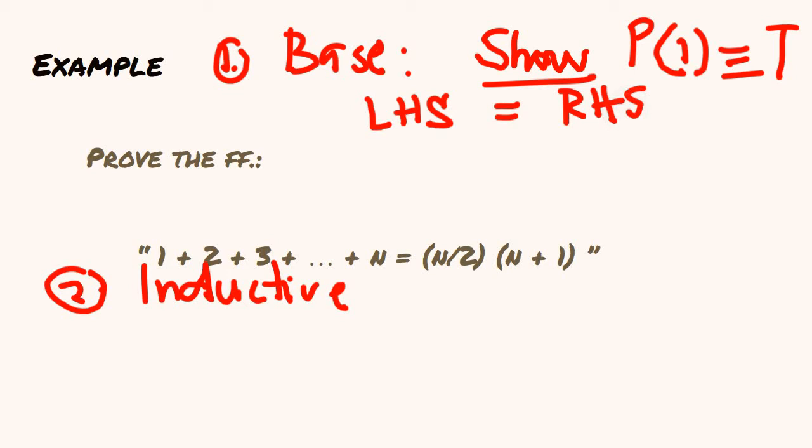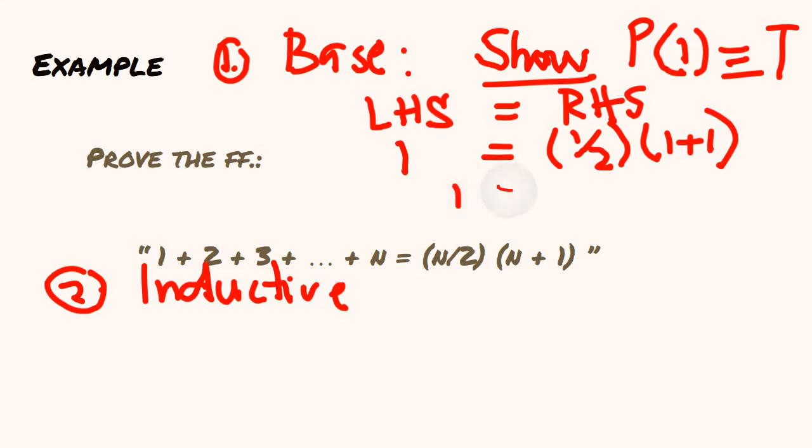The left hand side has 1 element, and is it equal to, when I substitute 1, 1/2 times 1 plus 1, which is 2 times 1/2? Therefore I have shown 1 is equal to 1. So the left hand side is equal to the right hand side. The base case is satisfied. So the first push of the first domino has been satisfied.